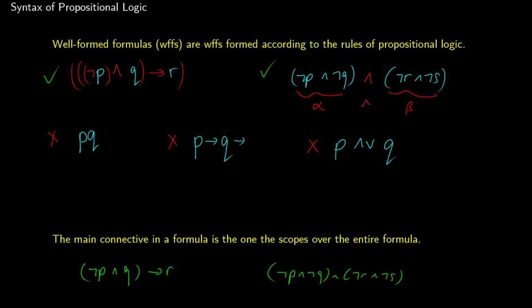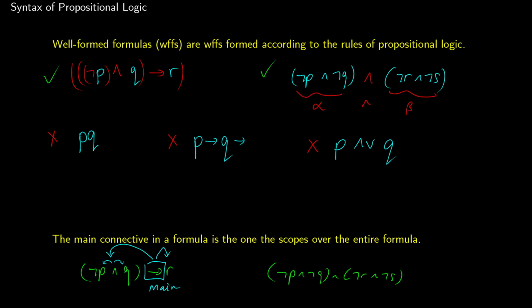So in this first case, and is joining just not P and Q. It's only seeing two things, it's not seeing R. But this connective, the arrow, sees R, and it sees everything inside this complex well-formed formula, so this is the main connective. In other words, this is the final connective you add when you're evaluating your formula.